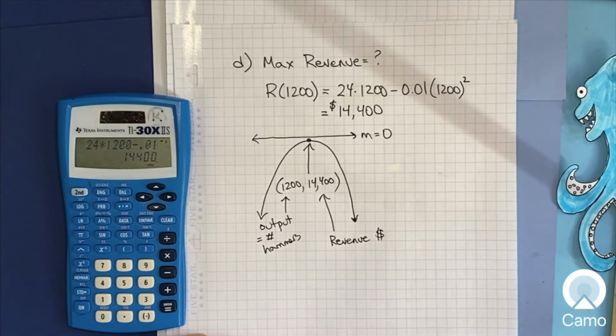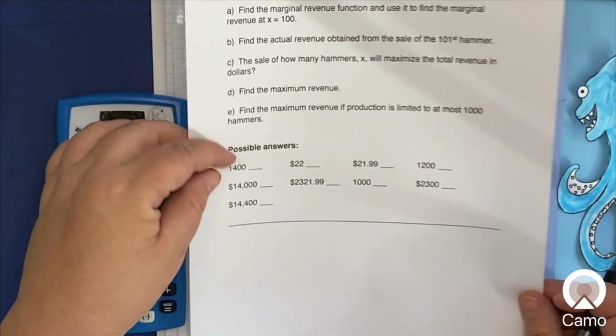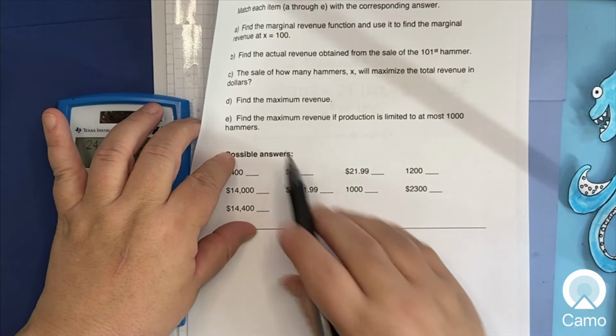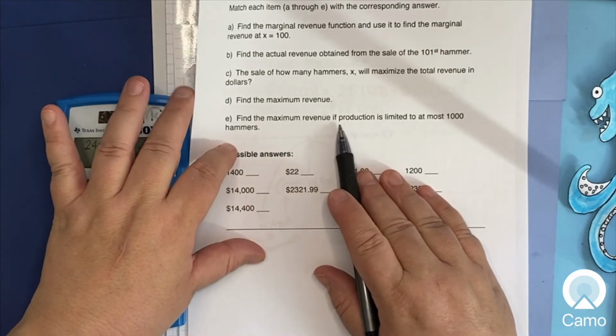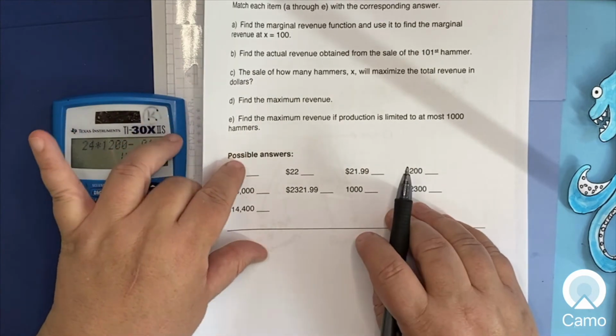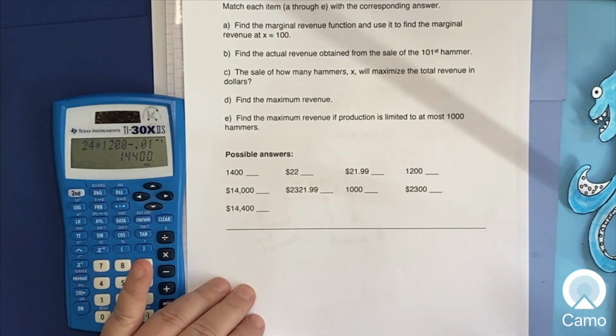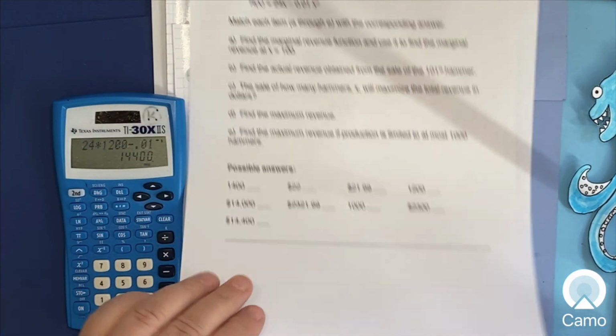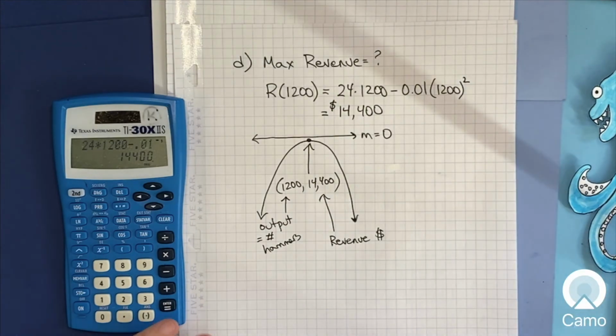So what in the world could I possibly ask you next? And the answer is, oh no. Find the maximum revenue if production is limited to at most 1,000 hammers. So in other words, we can't make 1,200 hammers. It would be lovely, but we can't actually make that many.